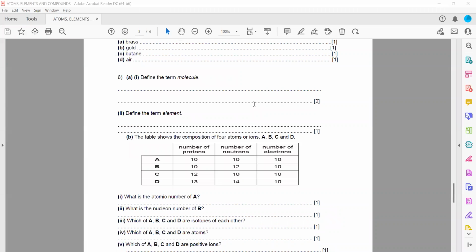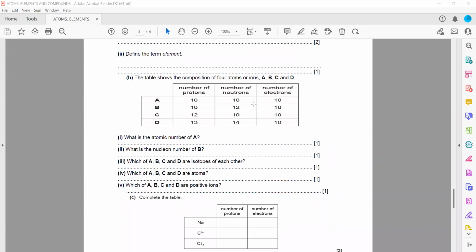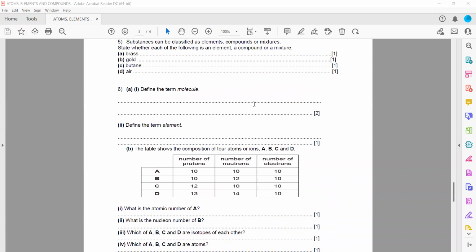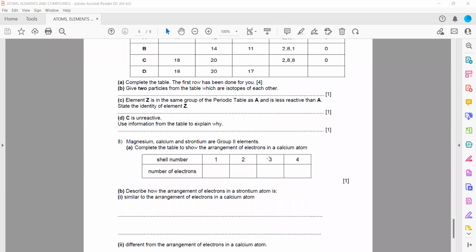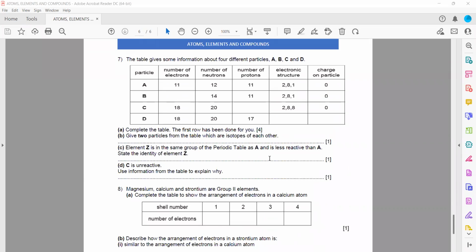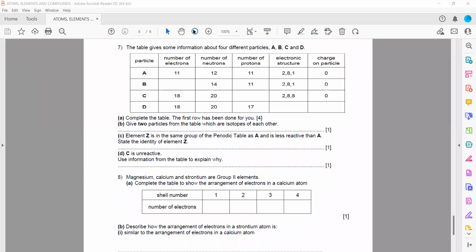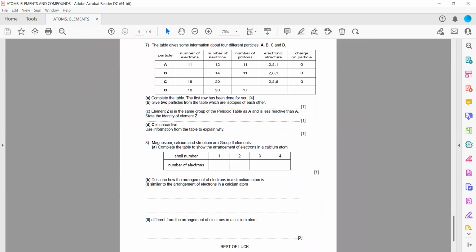Page number 5. No. And the last one, page 6, which is having questions 7 and 8. No. Okay, so this was the exercise.